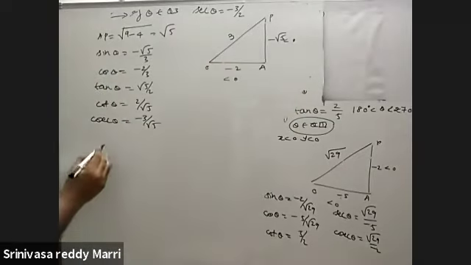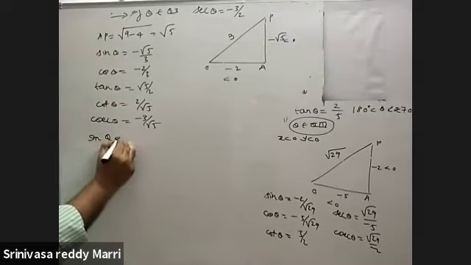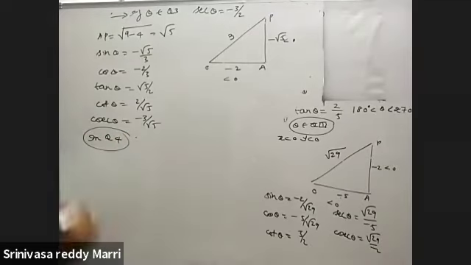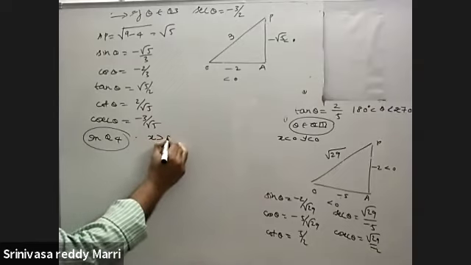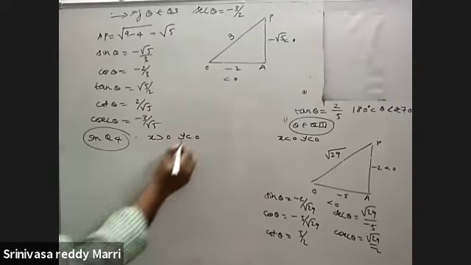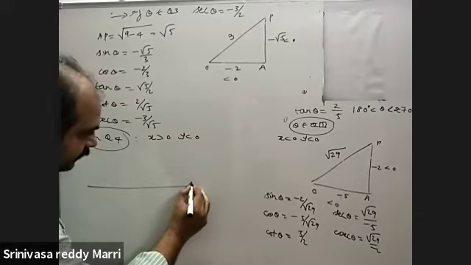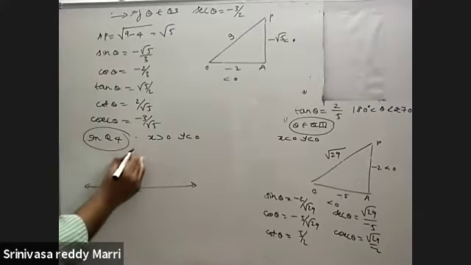Suppose in quadrant 4. In quadrant 4, how will x be? X greater than 0, y less than 0. So look, the angle will be in quadrant 4 like this.